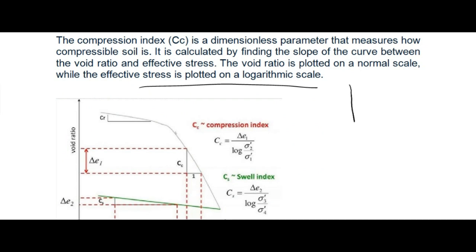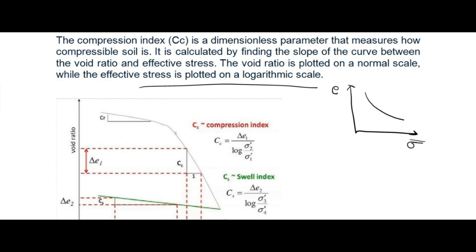So in actual fact, in the graph, when a particular clay soil is subjected to pressure under compression, the void ratio decreases as the pressure or stress increases. So if the y-axis is void ratio and the horizontal axis is stress, the void ratio decreases in a concave, parabolic way.